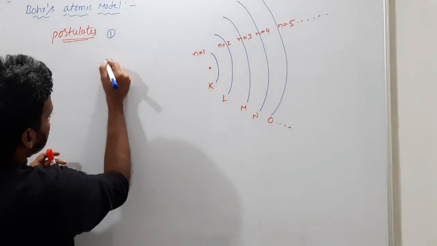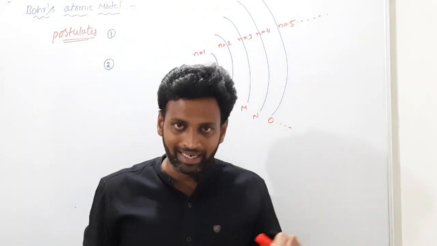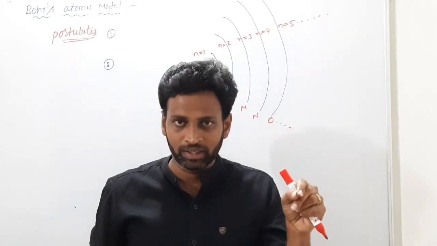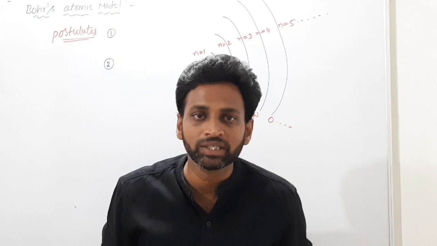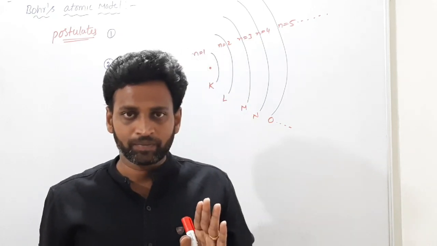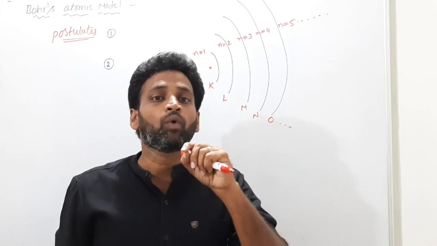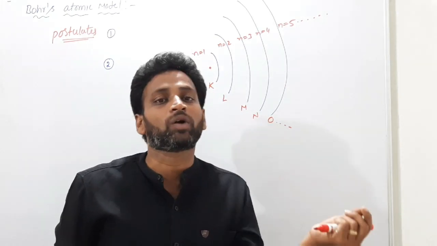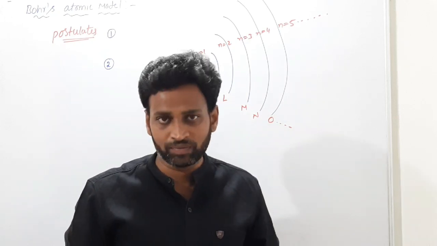The first postulate is that electrons revolve in circular paths, which we call orbits or shells. And the second postulate is that while an electron is revolving in a particular orbit, there is no change in energy. But if the electron jumps from one orbit to another orbit, then energy changes.